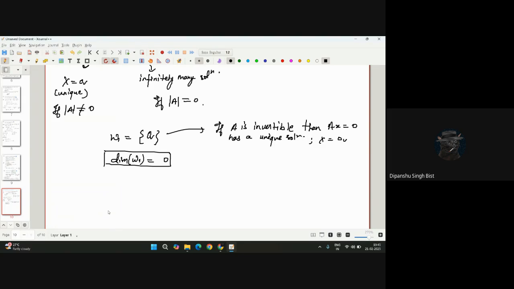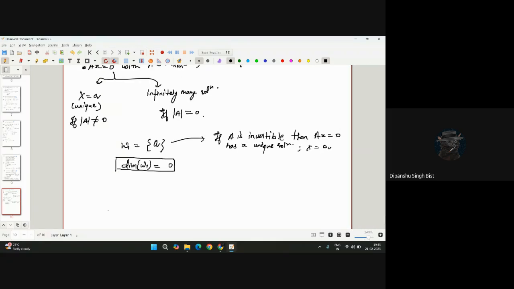So if your basis contains a single vector and it is the 0 vector, the dimension is 0. If it is a non-zero vector, it can span a line, so the dimension will be 1.